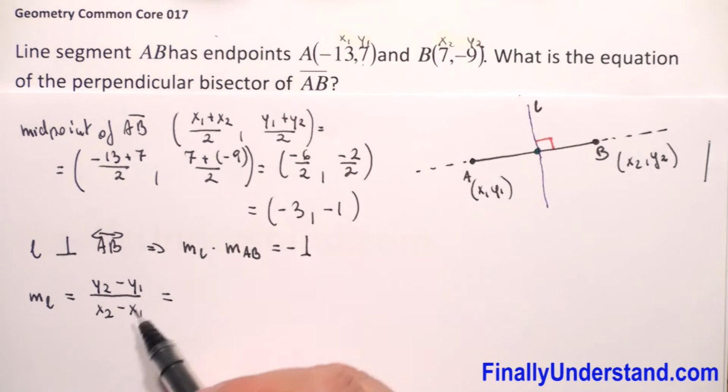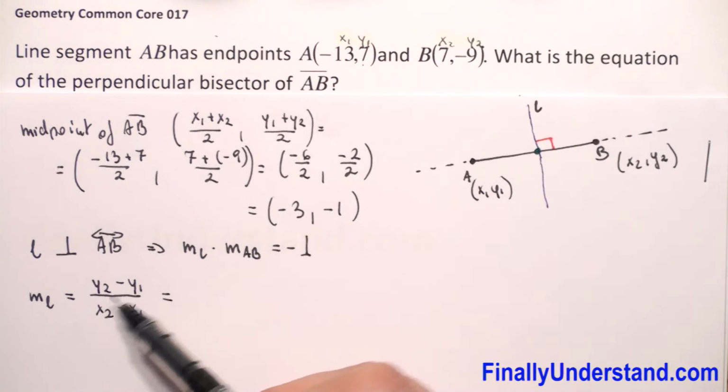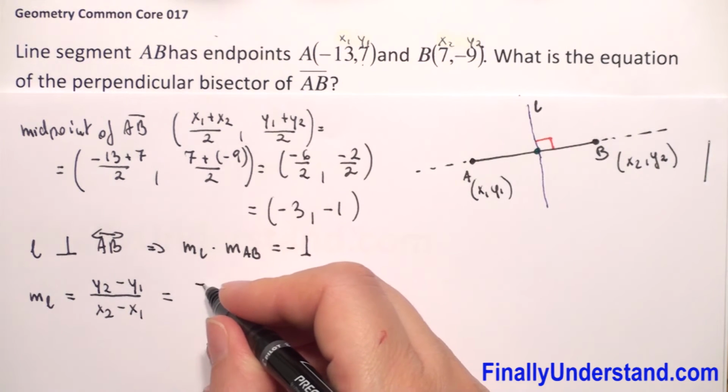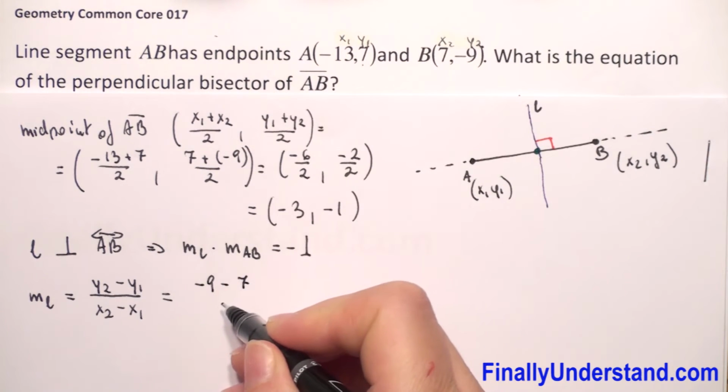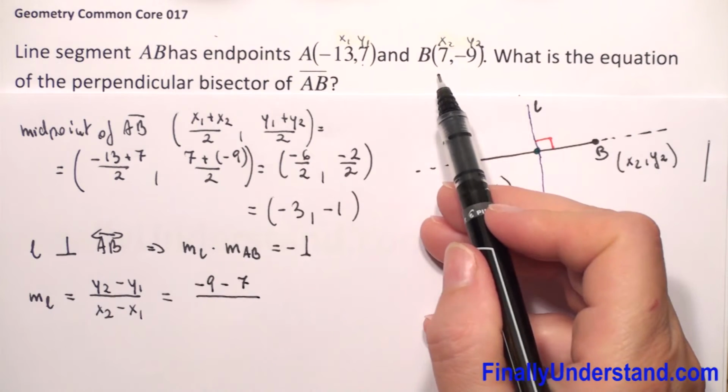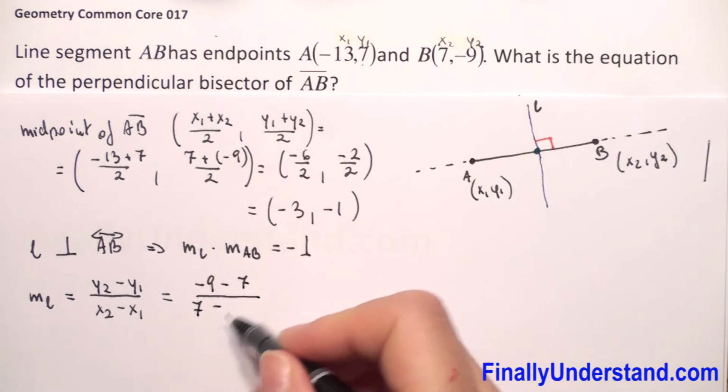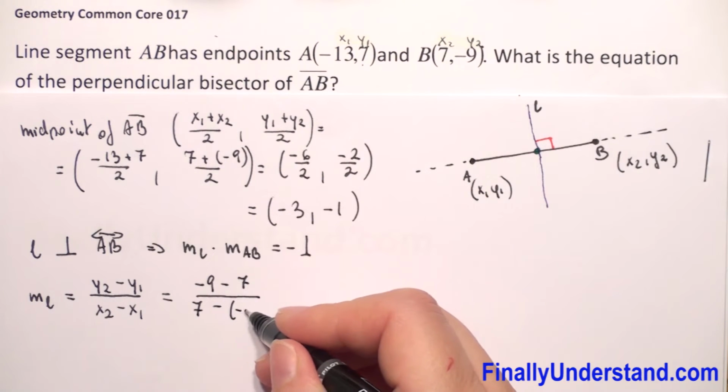So this is equal to y2 is negative 9 minus y1 is 7 over x2 is 7 minus x1 is negative 13.